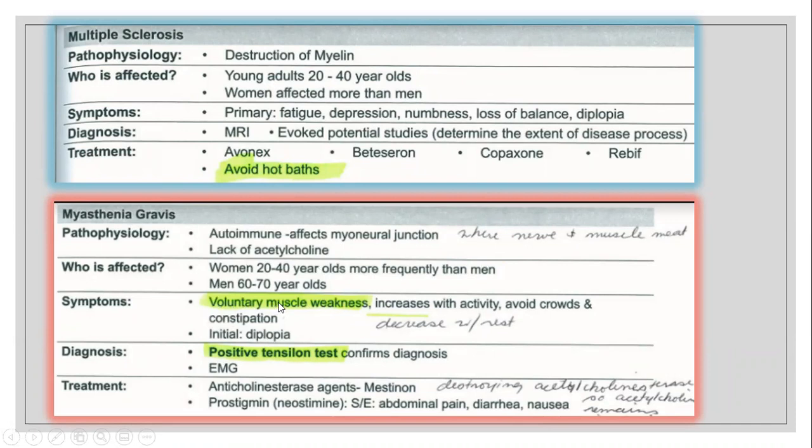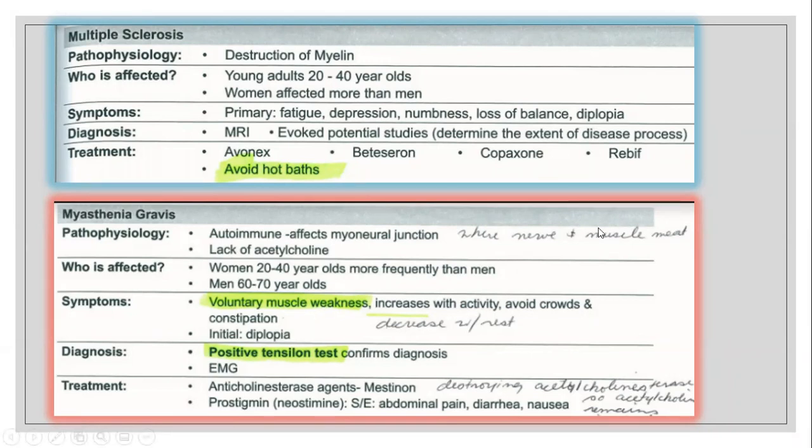Voluntary muscle is like your hands and legs; involuntary muscle is like the GIT. It increases with activity, and it is good to tell them to avoid public areas. Constipation is more common.